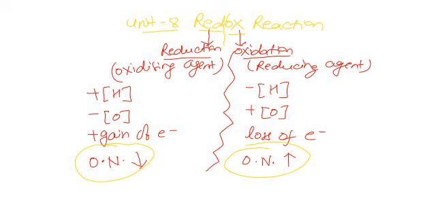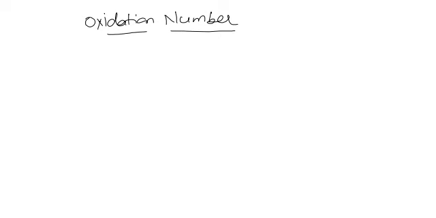So first let me explain what oxidation number is. Oxidation number is a number, and this number is based on electronegativity differences. So we can take one example, then you can understand the meaning of oxidation number.